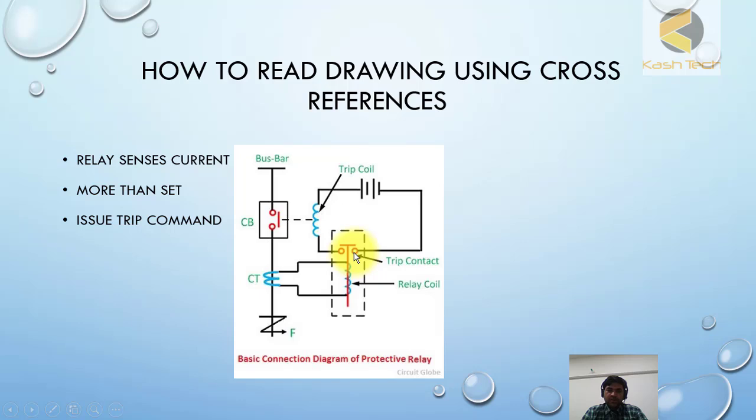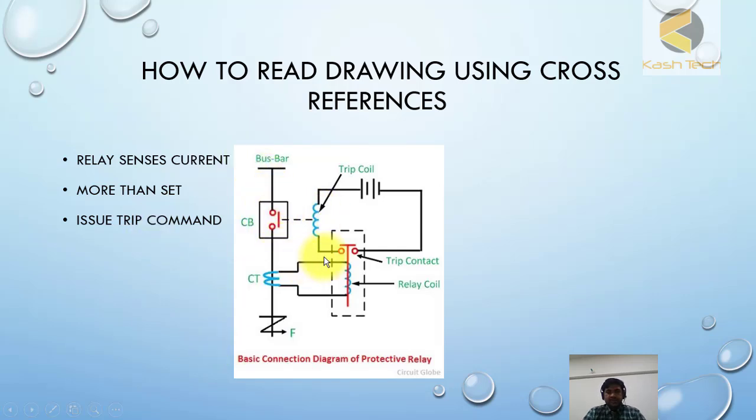When the contact operates, the circuit is completed and the trip coil will be energized. This trip coil is basically a plunger mechanism. We will show you also, it will hit the breaker mechanism, just like hammering, and it will open the breaker. So this is how the circuit is operating.